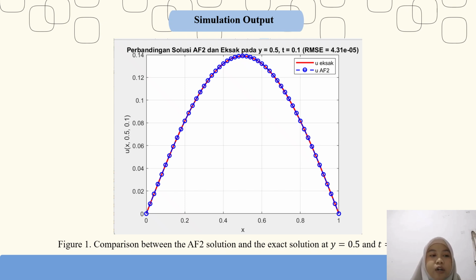The computed root mean square error for the entire domain at t equal 0.1 is approximately 10 to the minus 5, indicating that the approximate factorization 2 method provides a highly accurate and stable solution. The two curves almost overlap entirely, demonstrating the excellent accuracy of the approximate factorization 2 method.